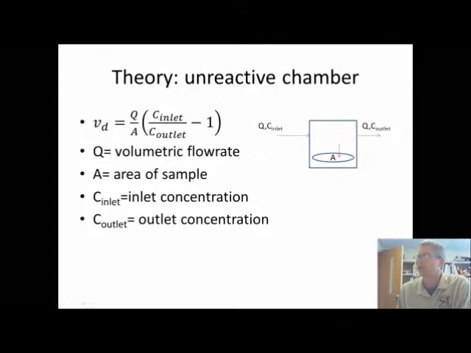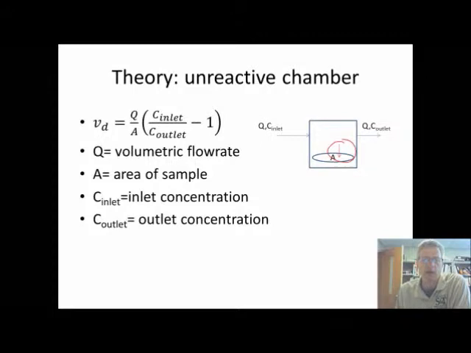And this is a quick diagram of the chamber over here on the right. You can see that the inlet concentration would be higher than the outlet concentration because the ozone in this case is being consumed by the sample. Now, this equation is a simple version.